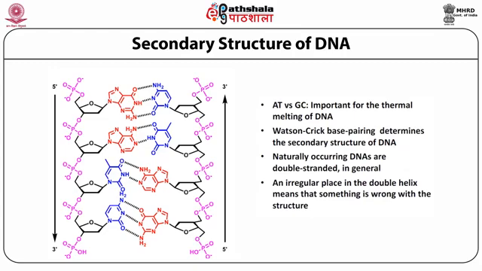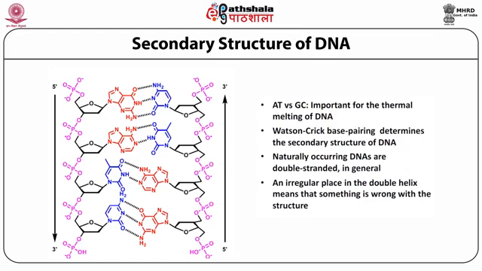Now we know that the strength of this bonding is different between AT and GC because the number of hydrogen bonds involved is different, and that's what actually is reflected when we heat up this double stranded DNA, so that the double stranded DNA melts and the hydrogen bonds break. So that gets clearly reflected in the melting temperature of this DNA. And normally if there is a mismatch of bases in between, that's where the double helix gets destabilized.